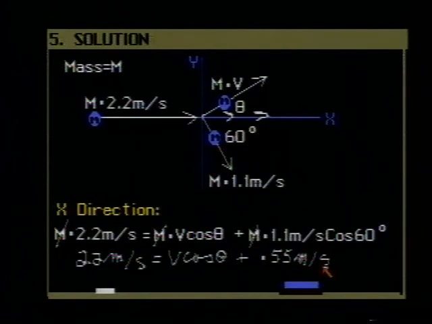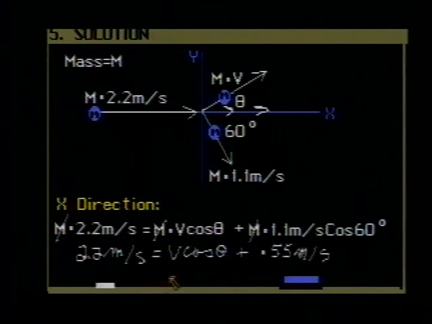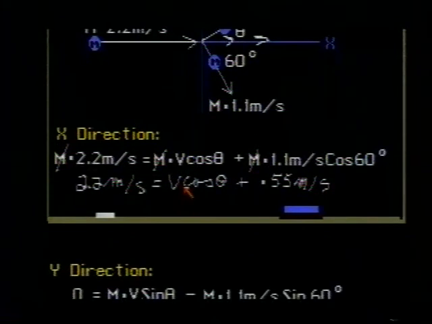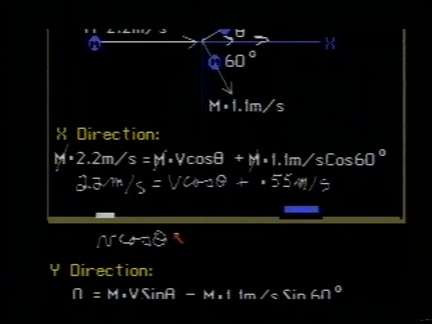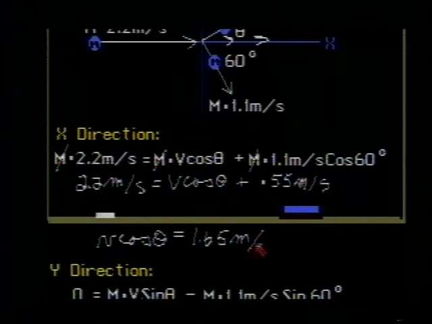If we solve this for v cosine theta, v cosine theta is equal to 2.2 meters per second minus 0.55 meters per second, which turns out to be 1.65 meters per second. We can't go any further with this equation. We do not know either v or theta.